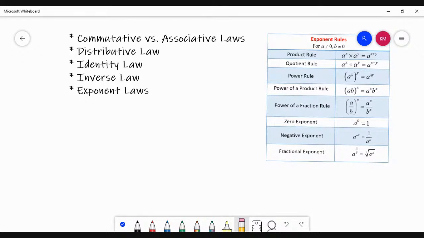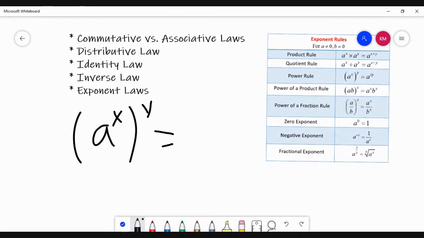Based on this rule to the right of me, if a is raised to the x power and that is being raised to the y power, if you're raising a power to a power, all you are doing is multiplying the powers to each other.